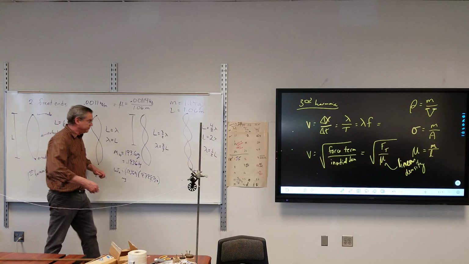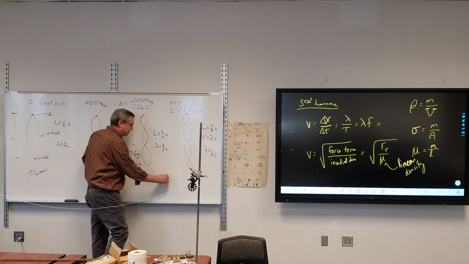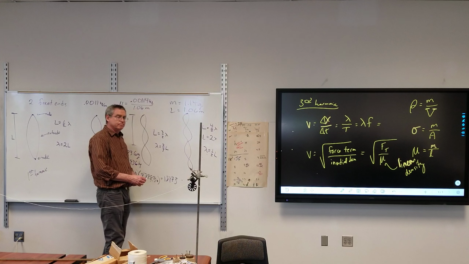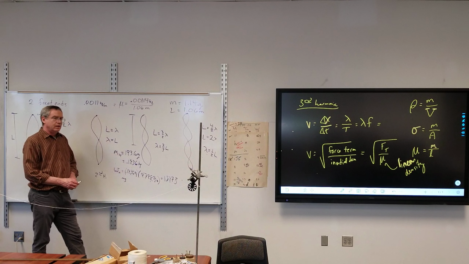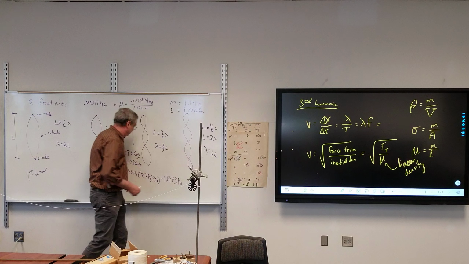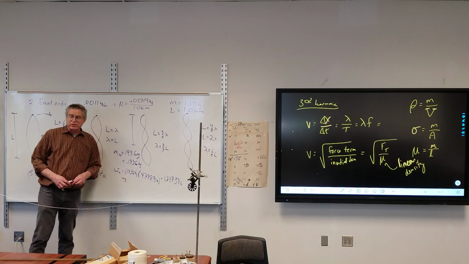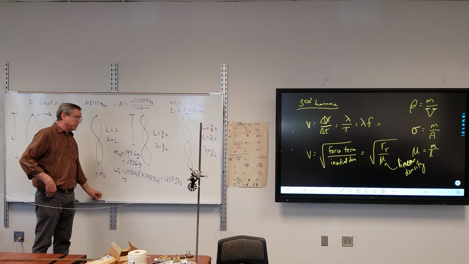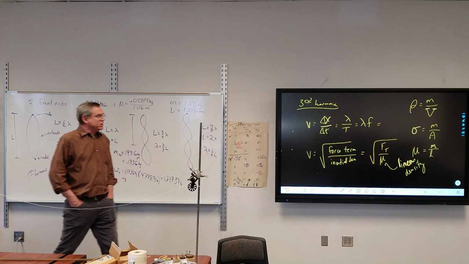And someone be kind enough. 1.8973. Units? Newtons. Or if you wanted to go with what you had here, kilogram meters per second squared, works. Joules per meter also works. All right, so I now have the tension of the string.